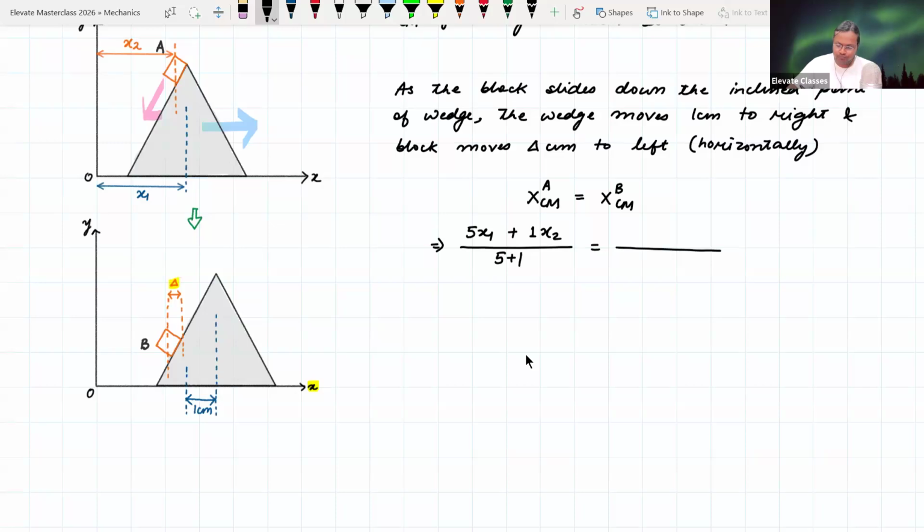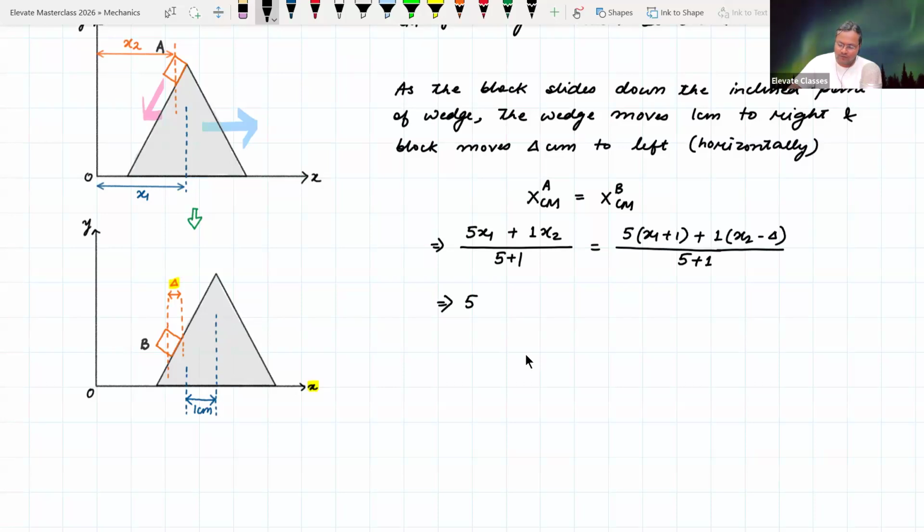At a later stage, the wedge gets shifted by 1 centimeter. So this becomes 5 times (x1 plus 1), and the block gets shifted to the left by del centimeters in the horizontal direction, so 1 times (x2 minus del), divided by 5 plus 1. That's it. This is the concept.